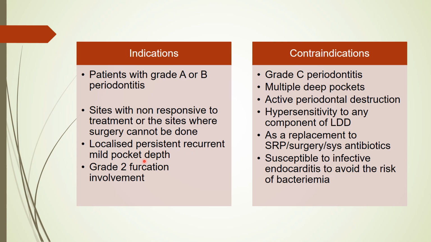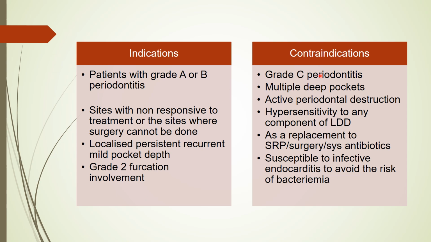If it is a localized area, not a generalized area, you can try this LDD. Also in grade 2 furcation involvement where one wall is completely loose, maintenance won't be that proper, so we can have local drug delivery in this case.